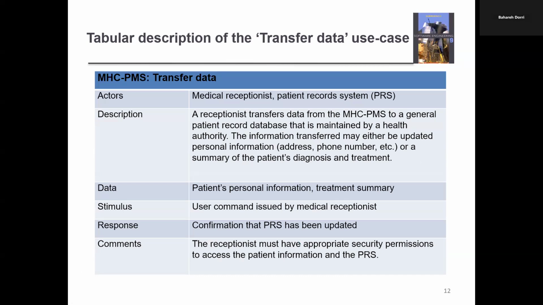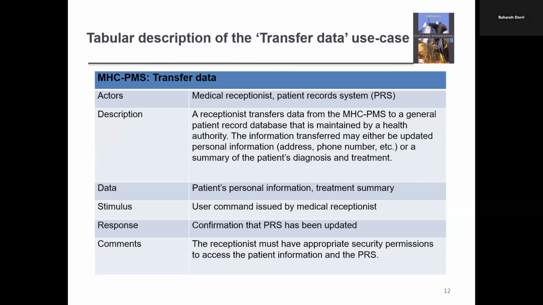Here we have a concrete example of a use case for the MHC PMS system. It's called transfer data. Let's walk through the key elements of this use case one by one. The actors involved are the medical receptionist and the patient record system, or PRS, which is another system the MHC PMS interacts with. The description gives us a clear picture of what's happening.